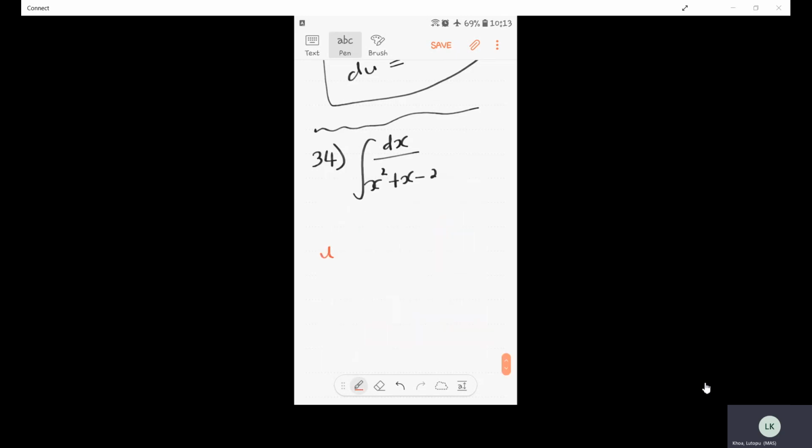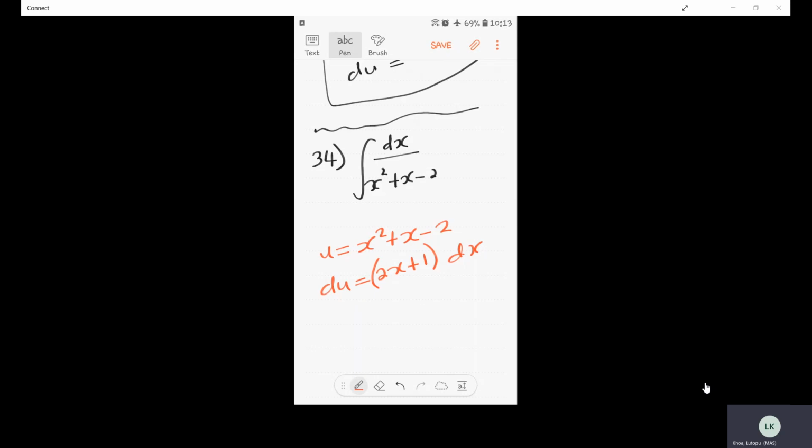Let u equal to x squared plus x minus 2, then du is equal to 2x plus 1. I do not have 2x plus 1 in my numerator, so I cannot substitute to get rid of dx and rewrite everything in terms of u. So a substitution will not work over here.